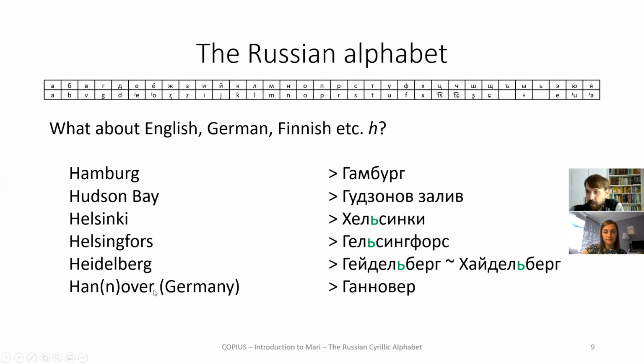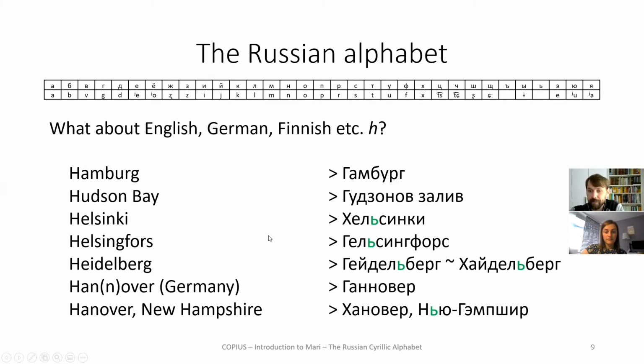But Hanover in Germany has given its name also to places elsewhere in the world. For example, the town of Hanover, New Hampshire, where Dartmouth College is, which in Russian becomes Hanover, New Hampshire. Here you can see that Hampshire gets the g, but Hanover gets the h.